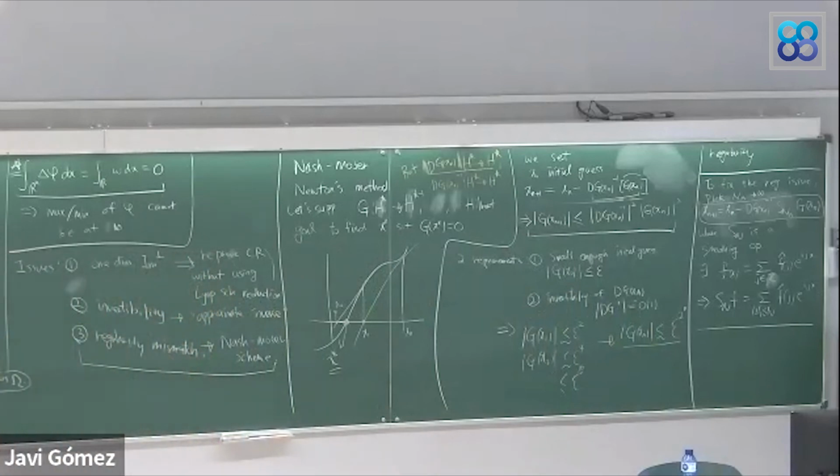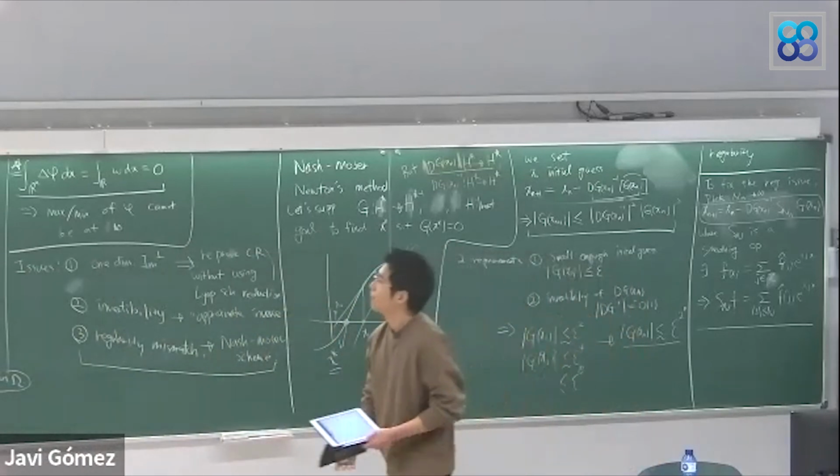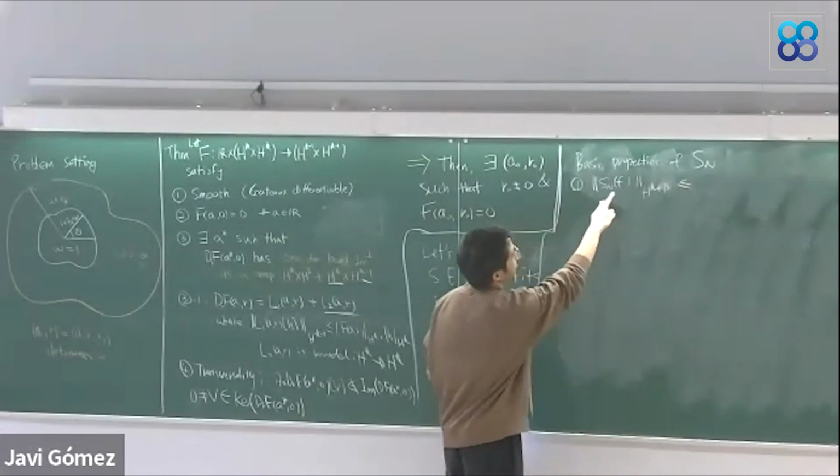So here are some basic properties of this smoothing operator. First, when you look at the H^k norm, let's suppose f is in H^k.